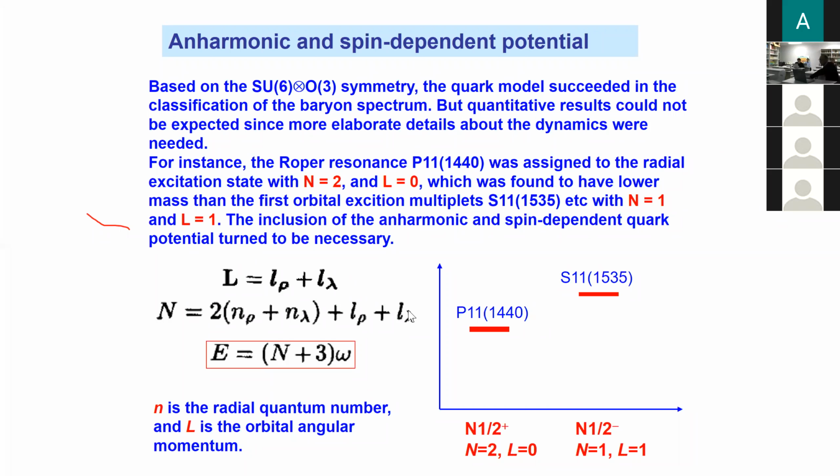As I just mentioned, when you excite a nucleon radially, you pay no price for orbital angular momentum excitation; it's easier to have the pion pair created than one single orbital excitation.